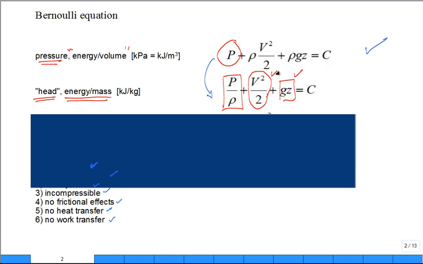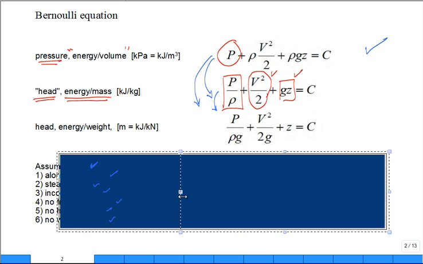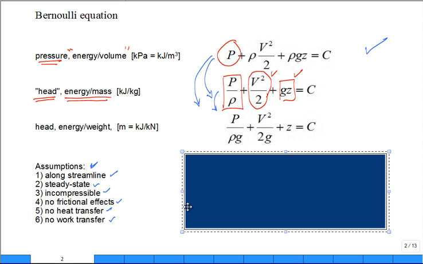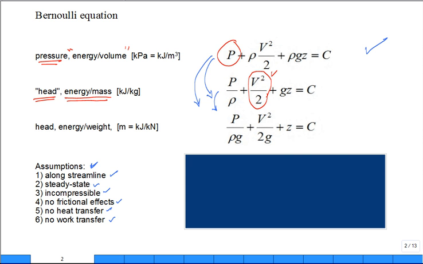What did we do to get to the last form of the Bernoulli equation? Right, so either go back to the first one, divide by rho g, or the second one and divide by g. What do we have here? It's more clearly seen, but if you look at this term right here, the last term, that has units of elevation. That's called head.